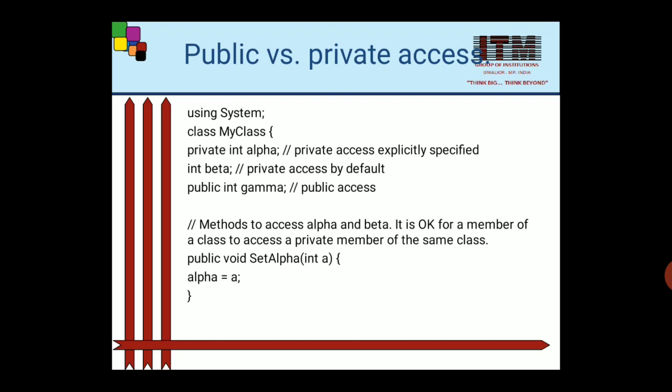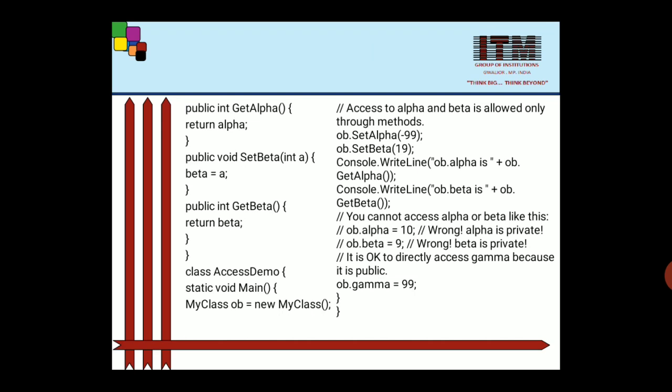Because alpha and beta are private, they cannot be accessed by code outside of their class. Therefore, inside the AccessDemo class, neither can be used directly. Each must be accessed through the public methods such as the SetAlpha method and the GetAlpha method.